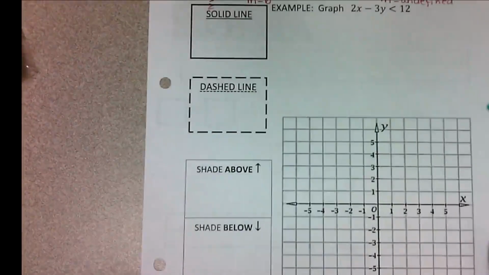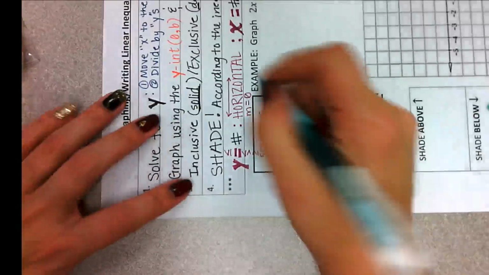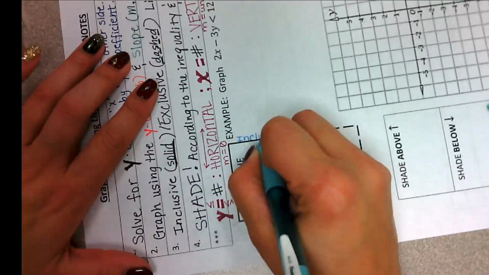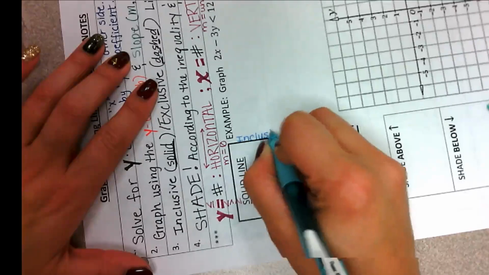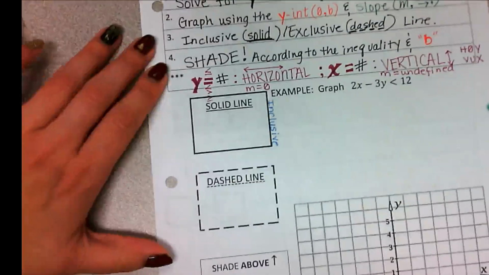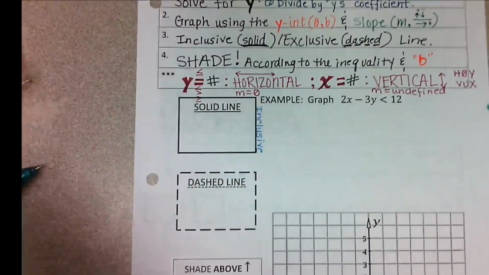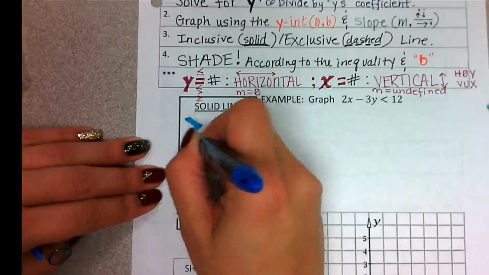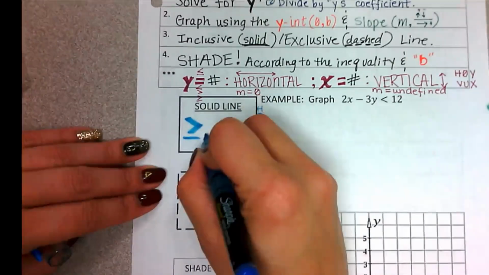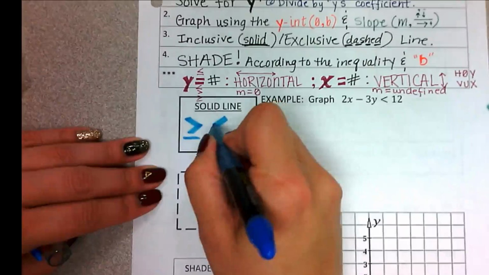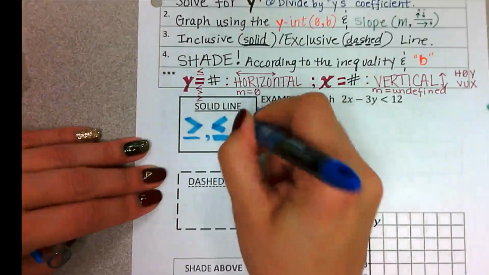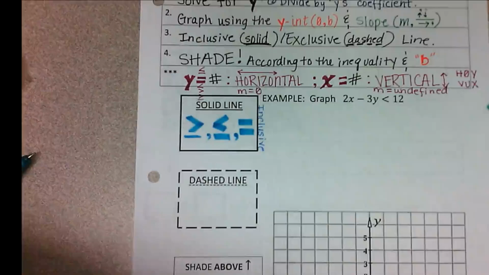So, solid lines, we would call those inclusive, just like we set up here. So, the symbols that are inclusive would be greater than or equal to, less than or equal to, and obviously equal to.